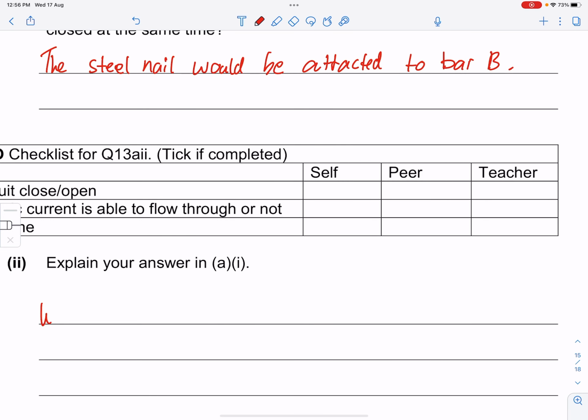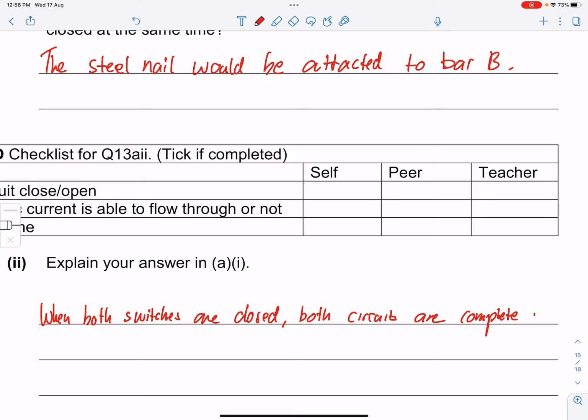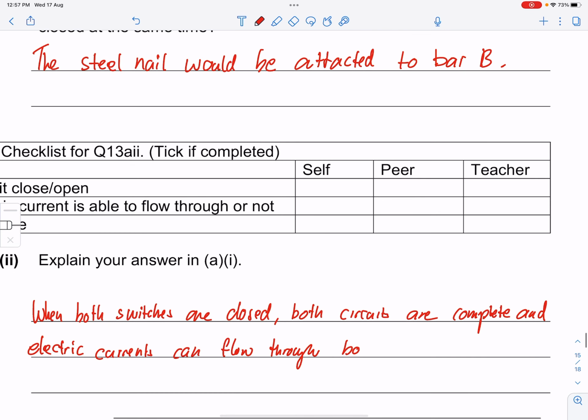So you will say that when both switches are closed, both circuits are complete, and electric currents can flow through both circuits.